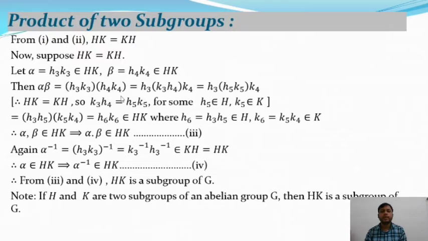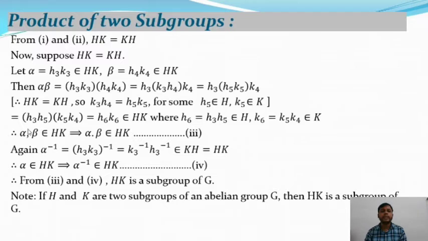Now applying the associative property, we have h3 (k3 h4) k4. Since HK is equal to KH, k3 h4 can be written as h5 k5, for some h5 belonging to H and k5 belonging to K.